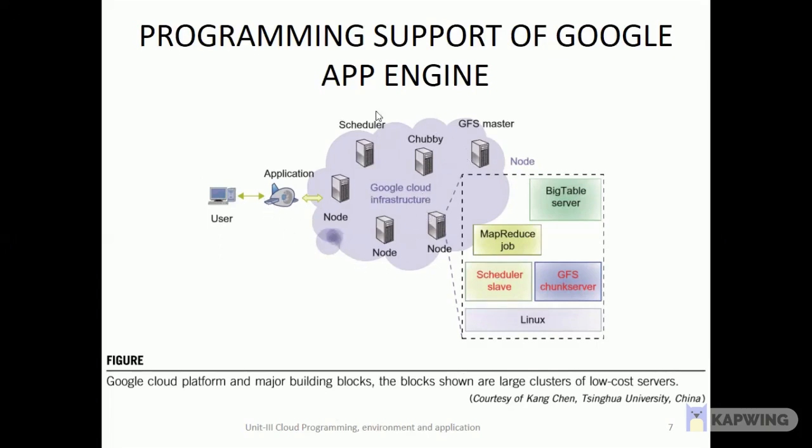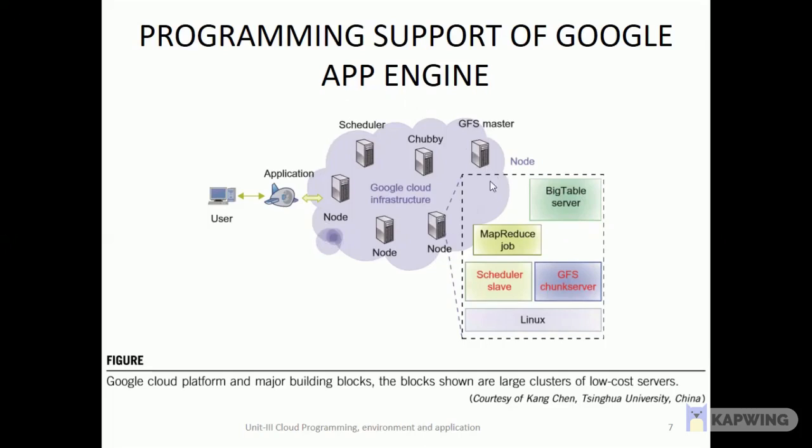So this is your Google Cloud infrastructure. It consists of scheduler, then GFS master, then different types of nodes. Now what will a node consist of? It's a master and slave. A single node consists of the Big Table server, MapReduce job, scheduler slave, GFS chunk server, and Linux.